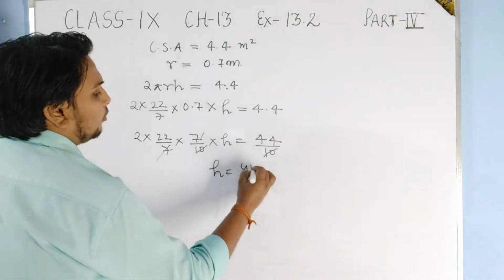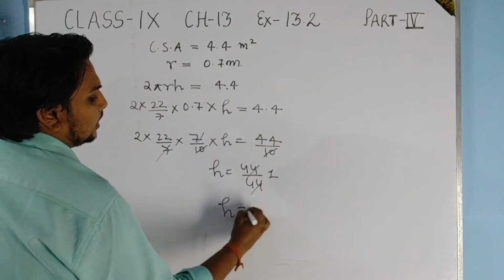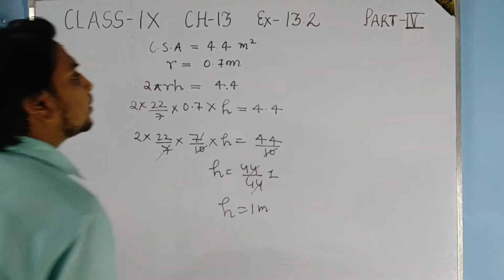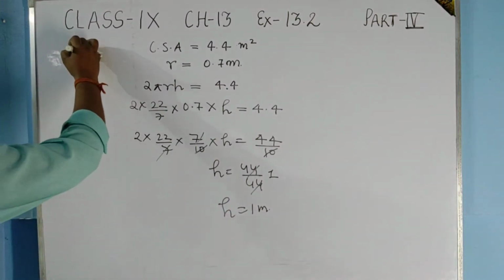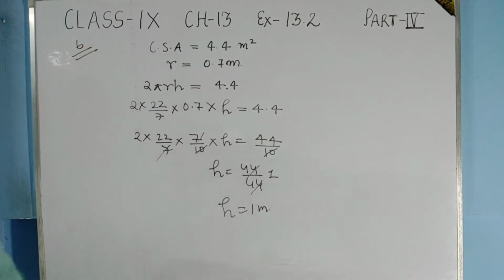So h is equal to 44 upon 44, which cancels out, and hence h is equal to 1 meter. Okay, so this was question number 6. You can pause the video and note down the solution of question number 6.